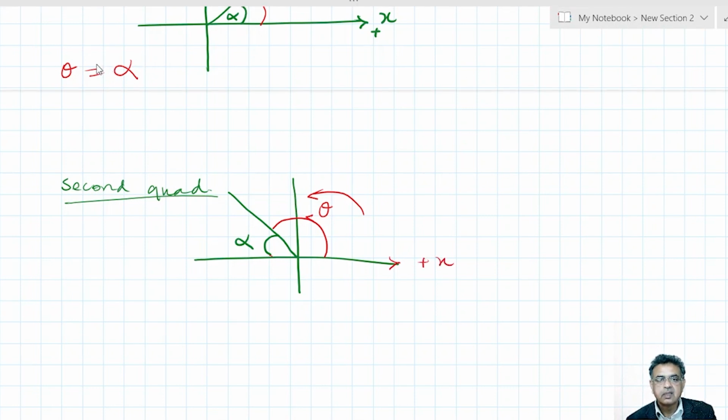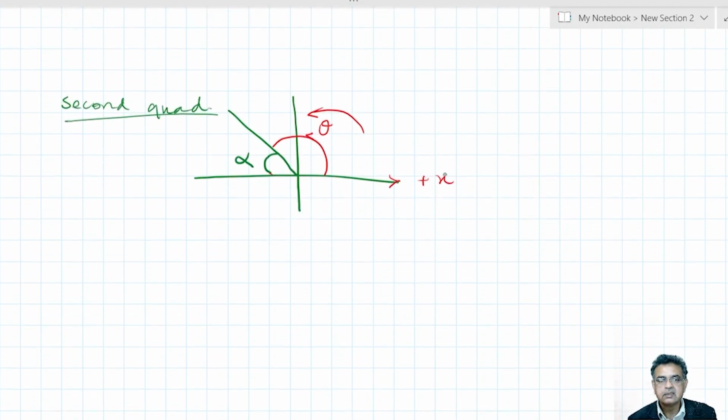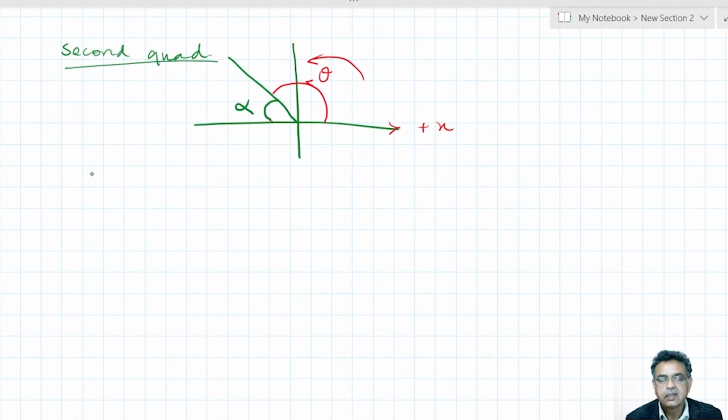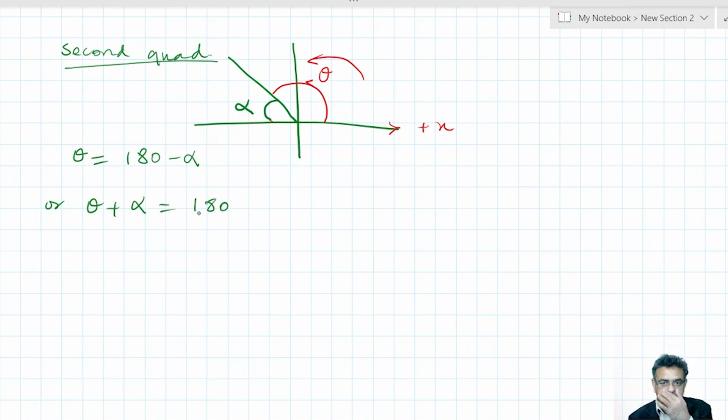So this line, now in the second quadrant, you know that these two you can name as supplementary angles. The sum of supplementary angles made on a straight line, you know very well, is 180 degrees. So you can say that theta is equal to 180 minus alpha, or theta plus alpha is equal to 180 degrees.